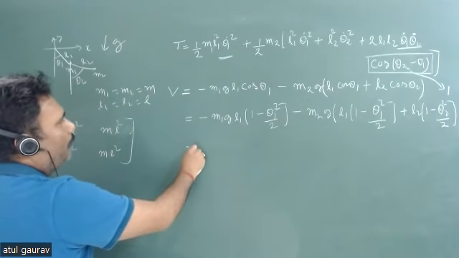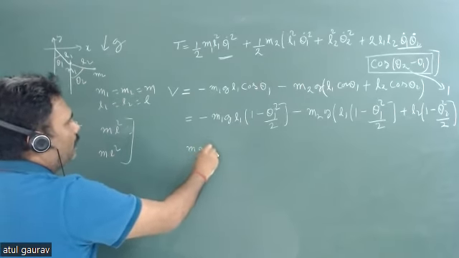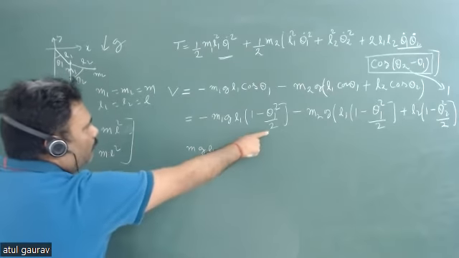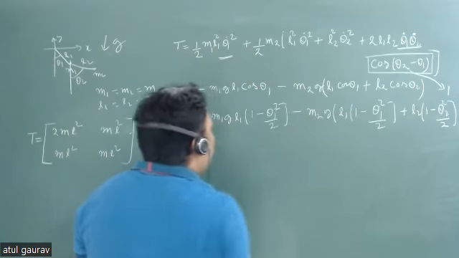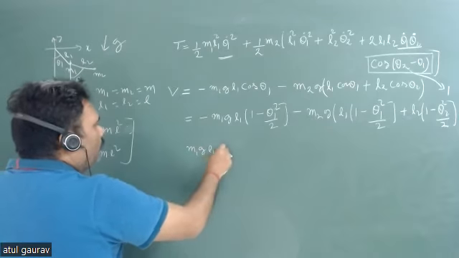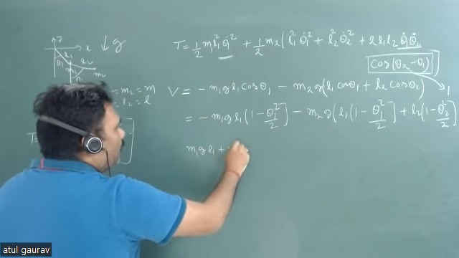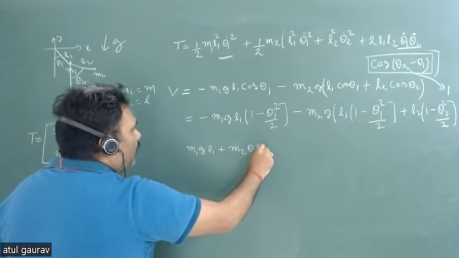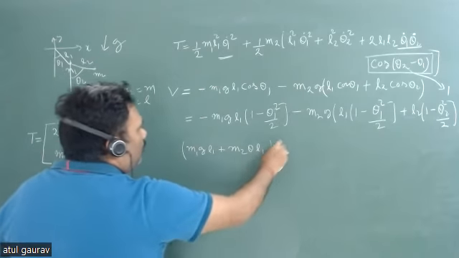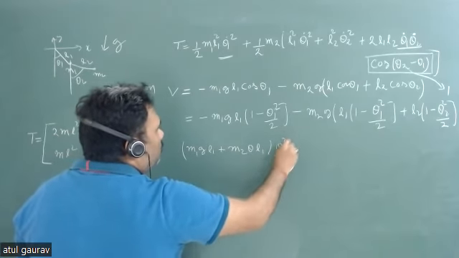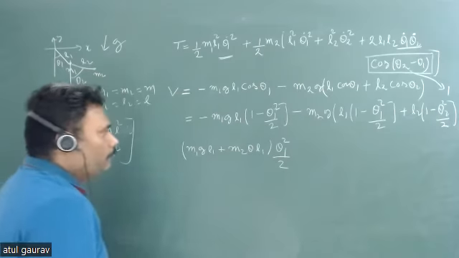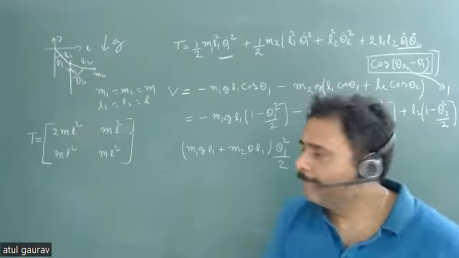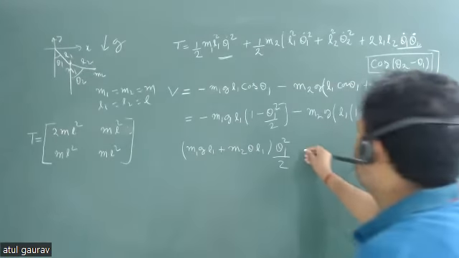So you have m g l1, यहां से भी थीटा 1 स्क्वायर, माइनस माइनस प्लस, यहां से भी थीटा 1 स्क्वायर. So m1g l1 plus m2g l1 theta 1 square by 2, and just go for this one.